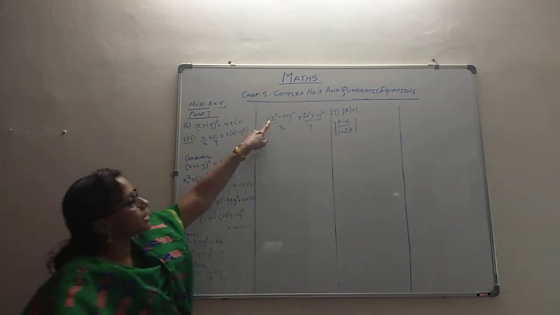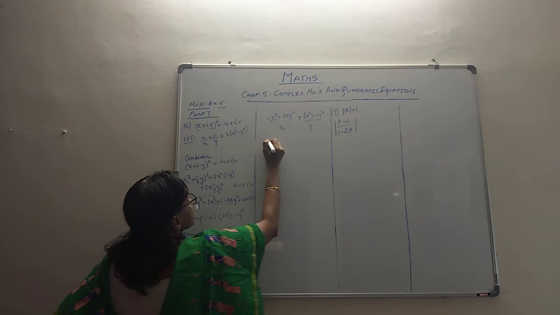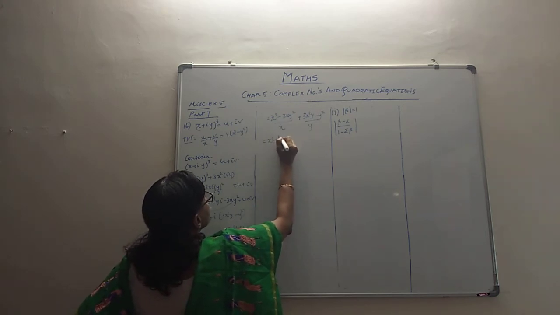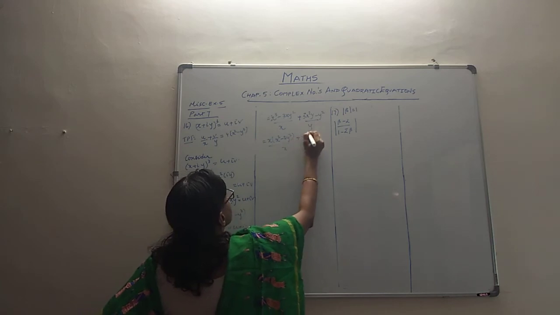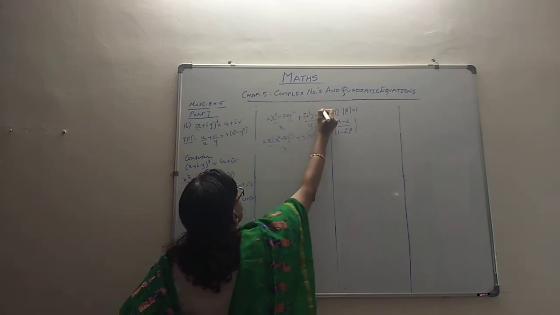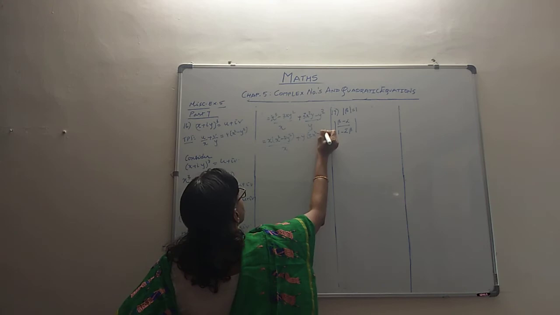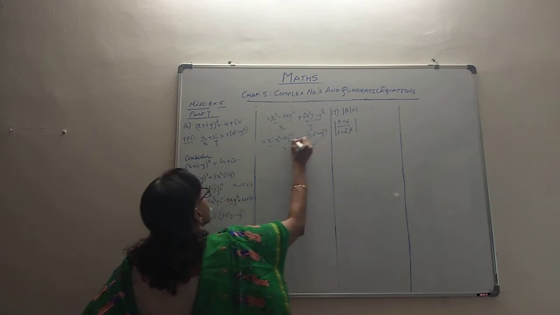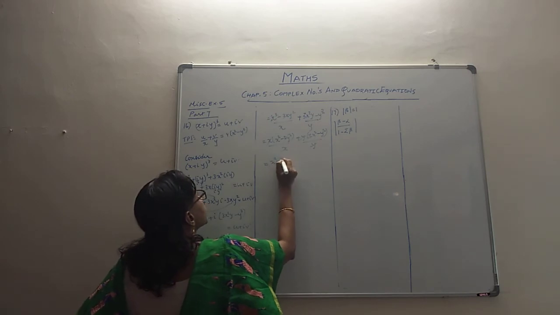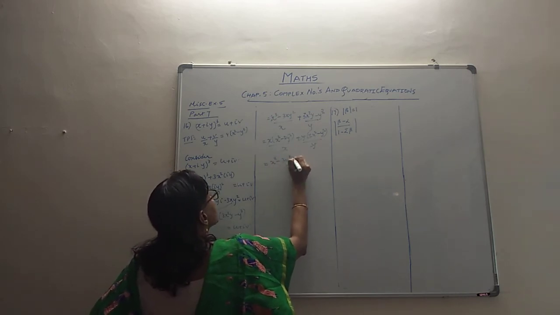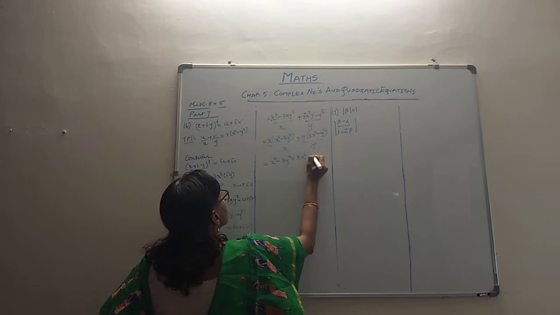It's very clear to us that the x is common over here. So if you take the x common, we're left with x squared minus 3y squared. And here if you take the y common, it is 3x squared minus y squared. So they can cancel each other, and you're left with x squared minus 3y squared plus 3x squared minus y squared.